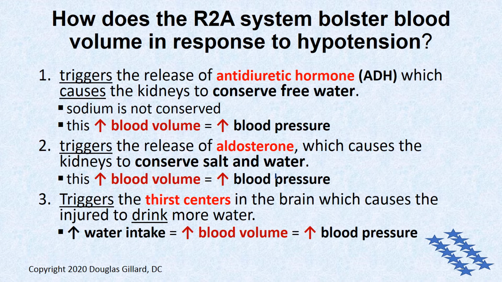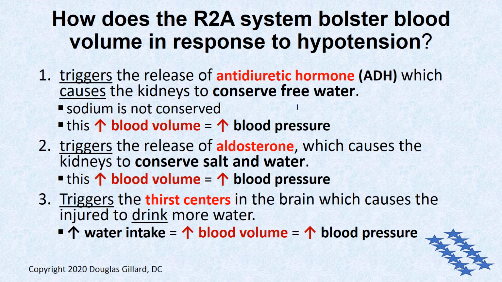How does the R2A system bolster blood volume in response to hypotension? Well, I kind of mentioned it, but let's make it official. So it triggers the release of ADH, right? We know ADH already. It causes the principal cells of the kidney to conserve free water.